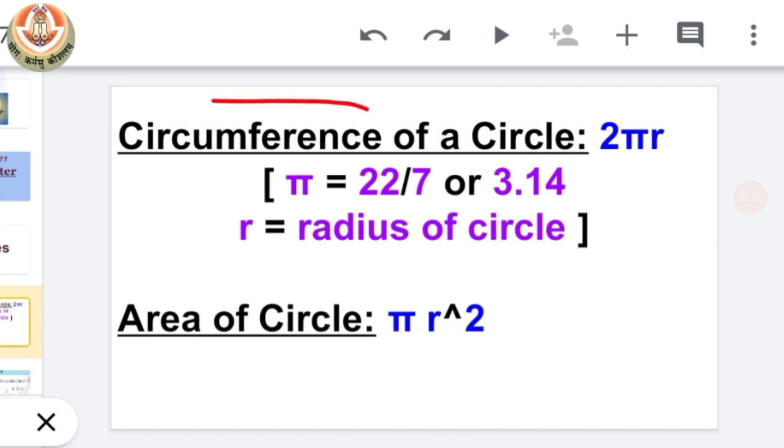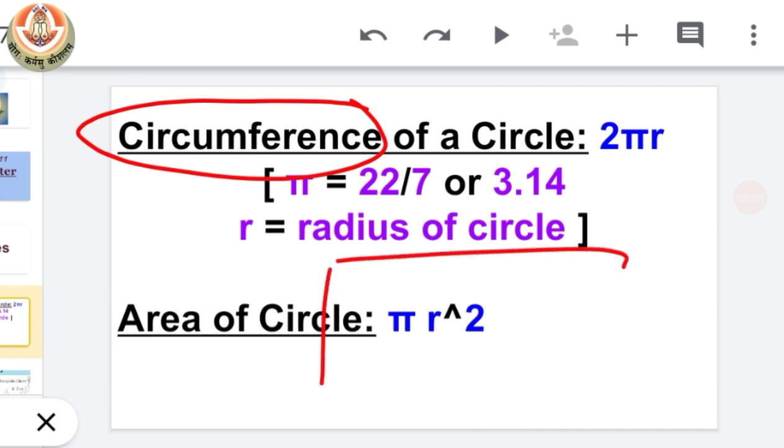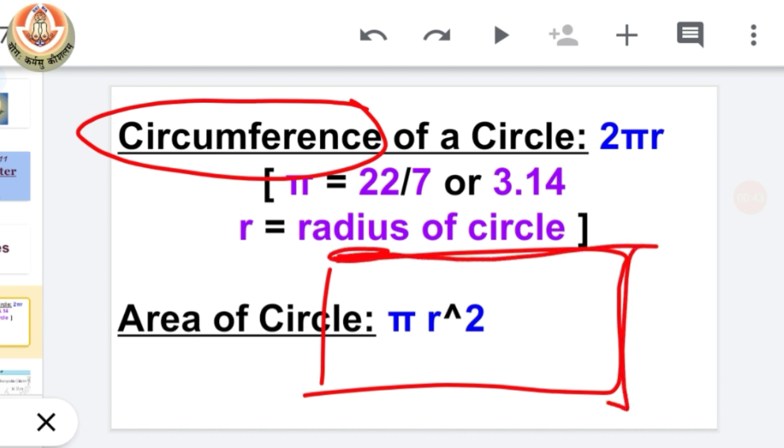See, circumference means you can call it perimeter also. As in case of square and rectangle, the sum of all the sides is known as the perimeter of that figure.